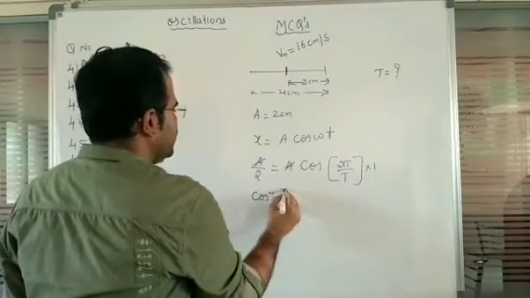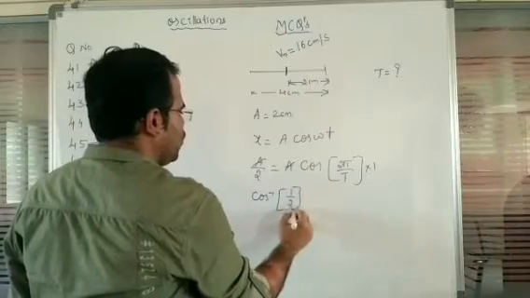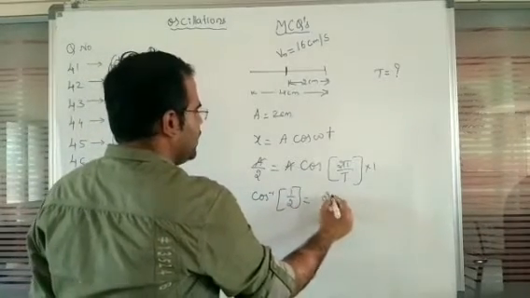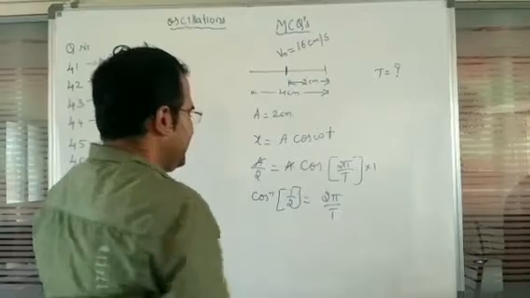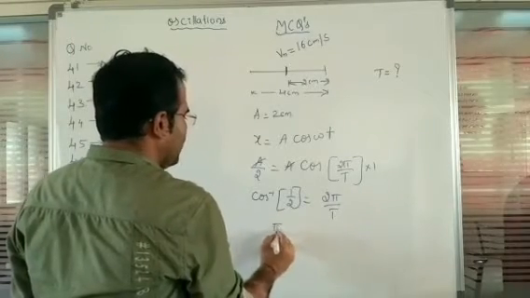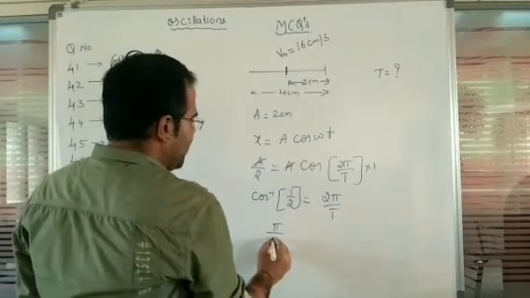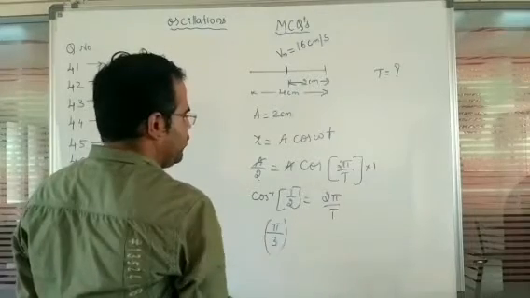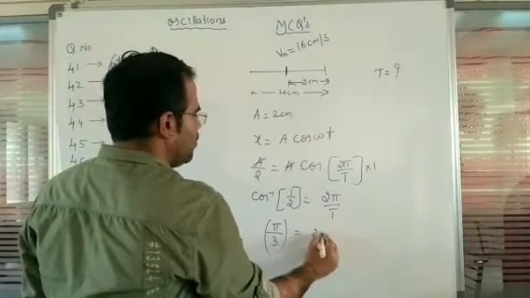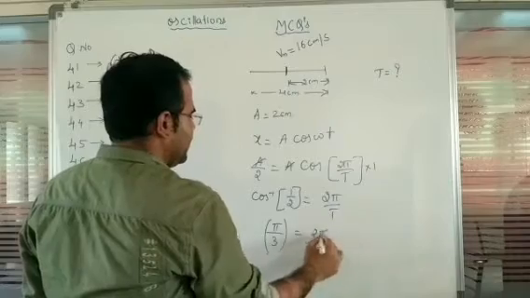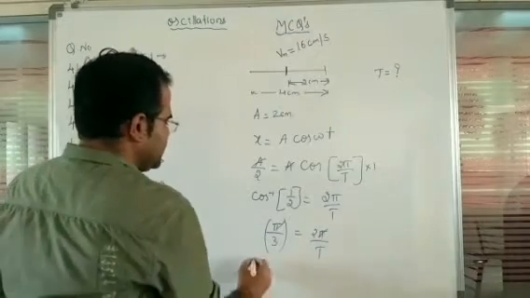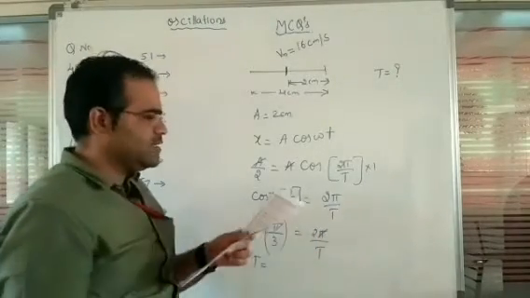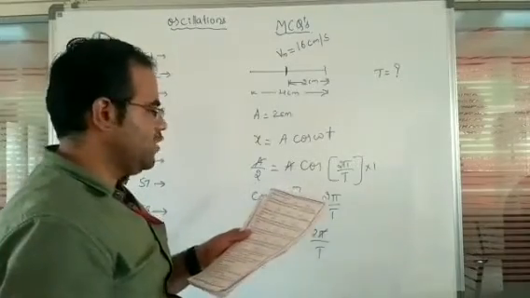Next, cos inverse of 1 divided by 2 is equal to 2 pi divided by T. Cos inverse of 1 by 2 will be pi divided by 3. So pi divided by 3 is equal to 2 pi divided by capital T. So these two will get cancelled. So T is equal to the value we are going to observe.